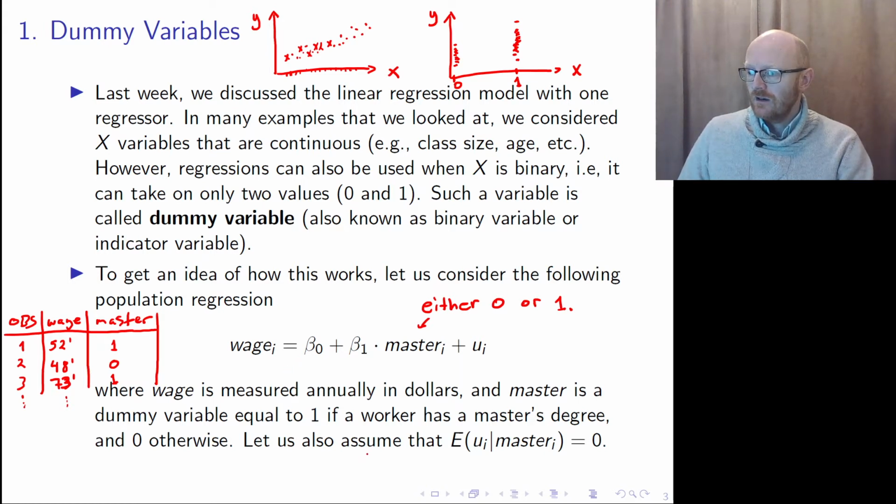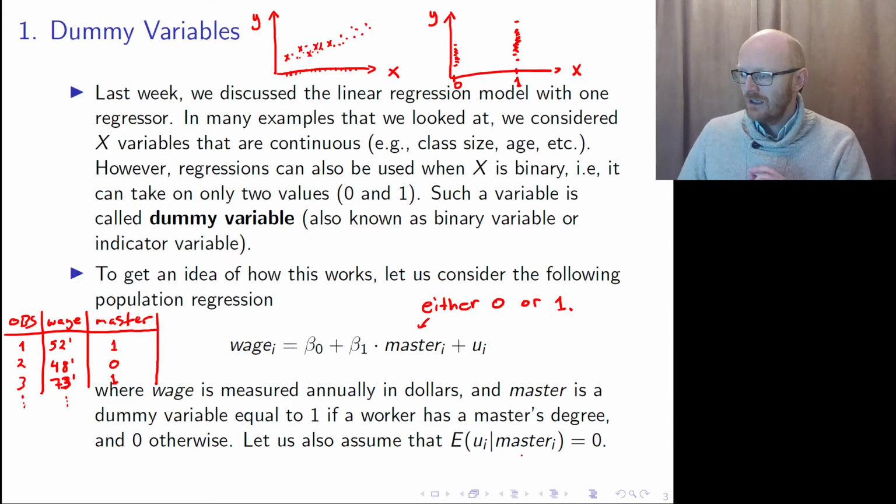We also assume the OLS assumptions, with the expectation of the residuals equal to 0, given the level of the master's degree dummy variable. So what does that mean?